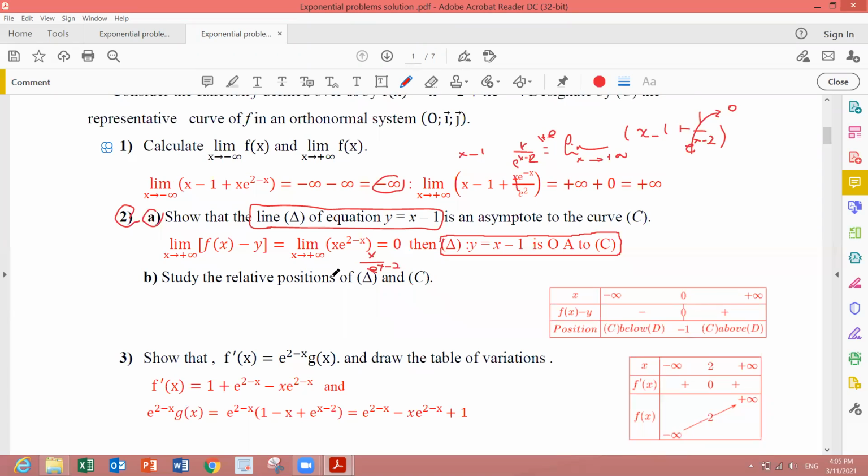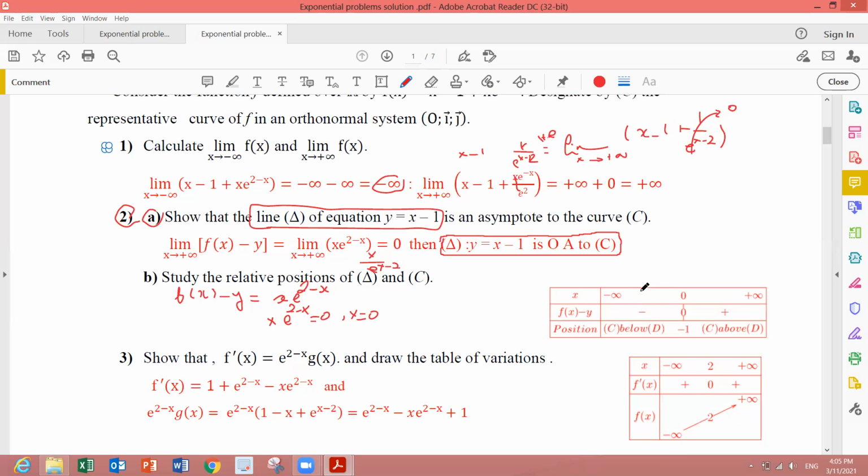Now study the relative positions between C and delta. To study the position, f of x minus y is equal to x e power 2 minus x. If we set it equal to 0, x e power 2 minus x equal to 0 means x equals 0.